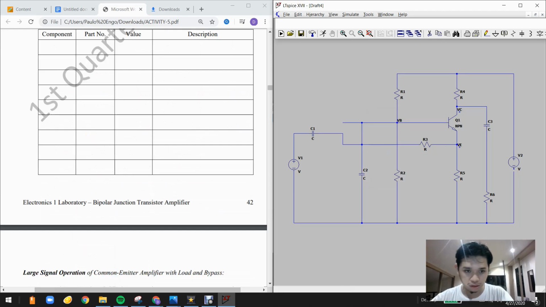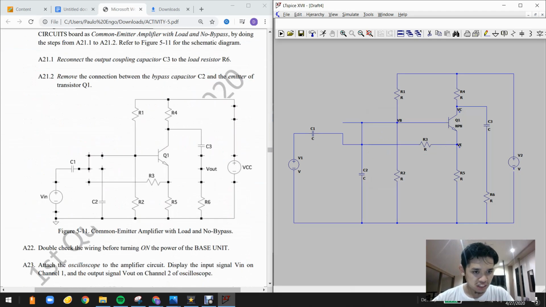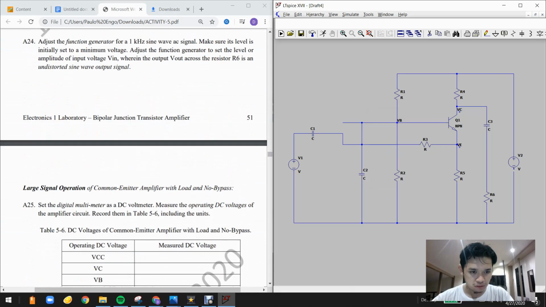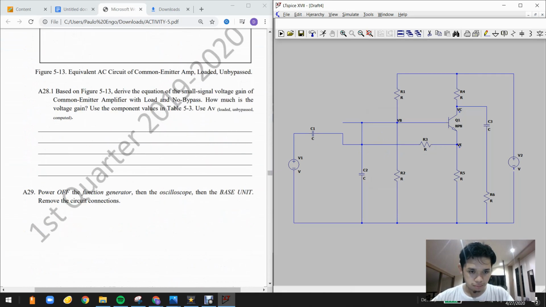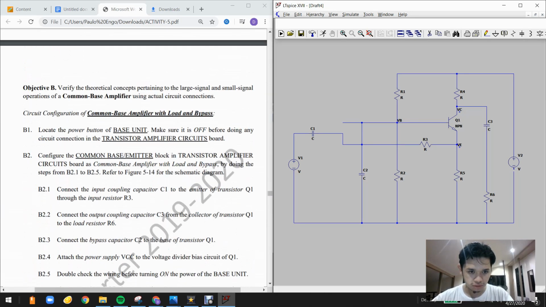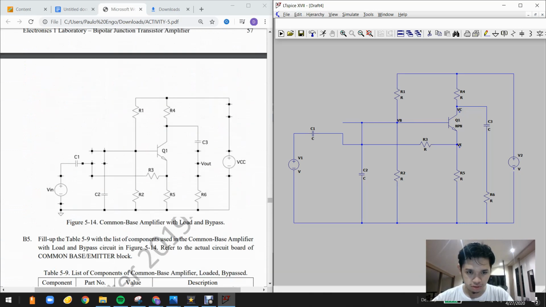Oh, and before I forget, I'll label where V out is.